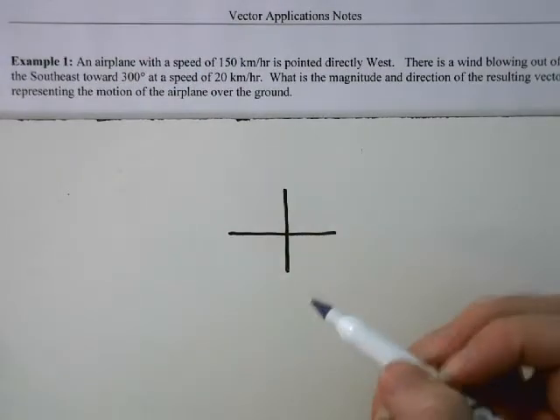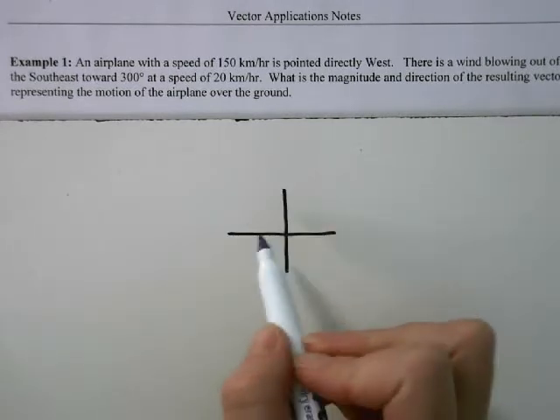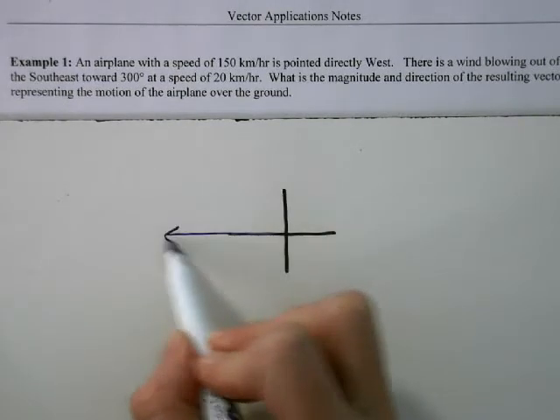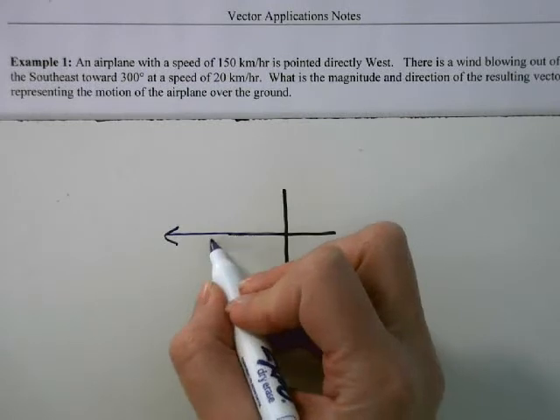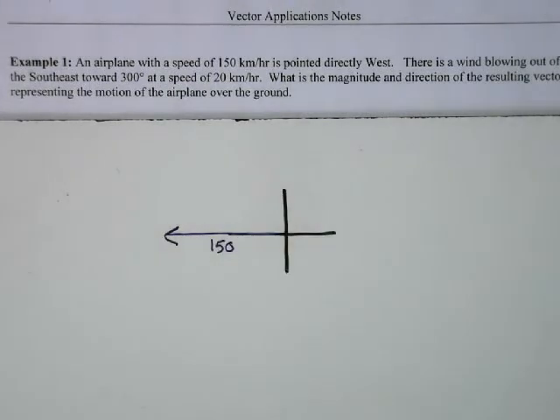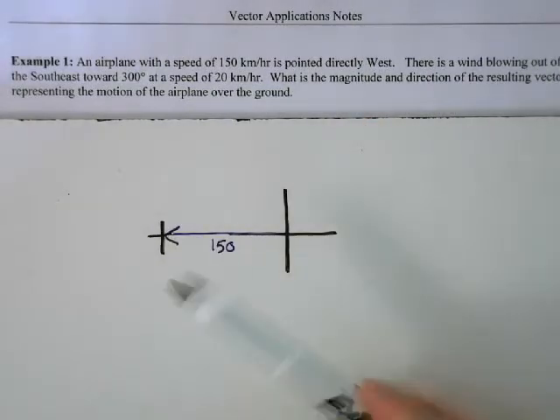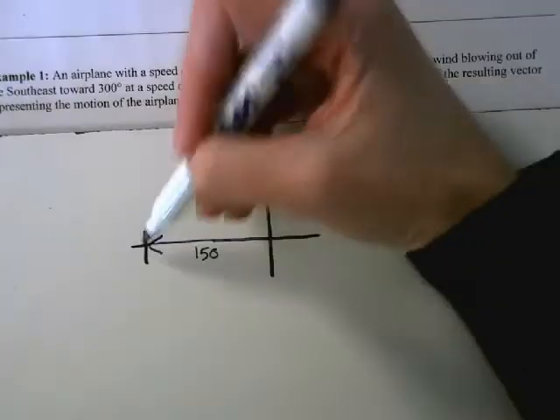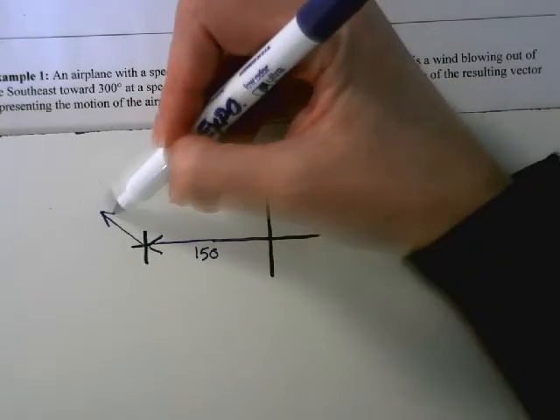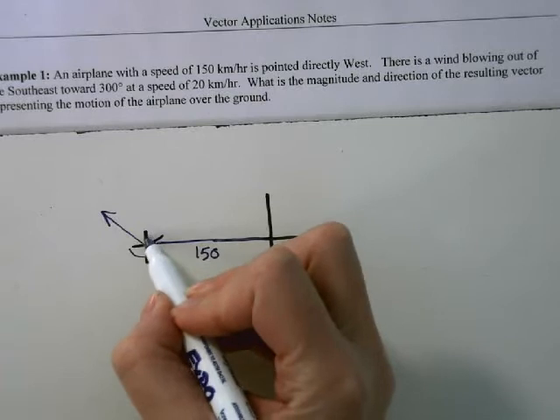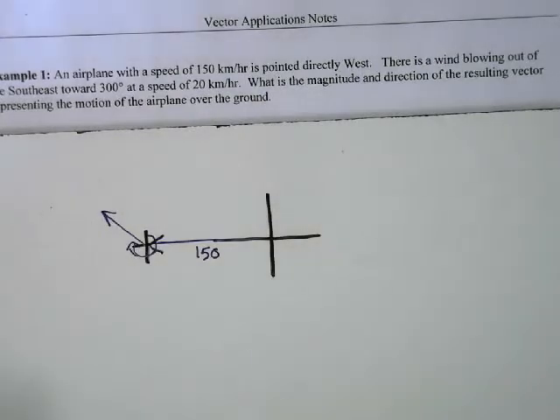You don't need to draw this if you don't want to, but this airplane's going directly west at a speed of 150. And then the wind is coming out of the southeast towards northwest, which is going to be at 300 degrees. So from here to here is 300.